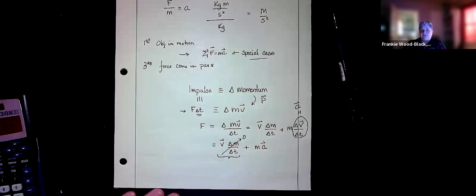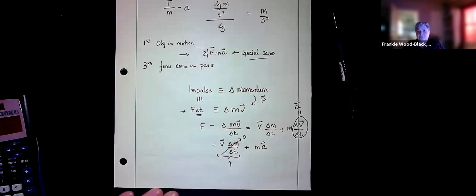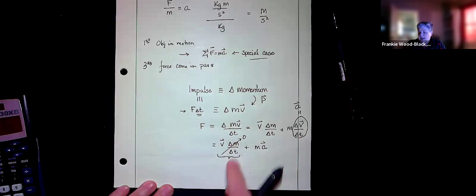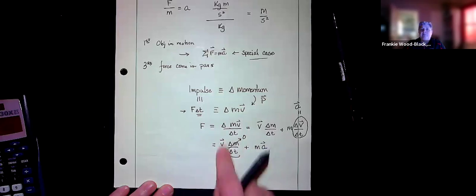That's an interesting result. However, if I'm dealing with rockets, space shuttles, something along those lines, I can't disregard this term. And this is what actually allows me to do rocket science, is that I have to bring this term back.